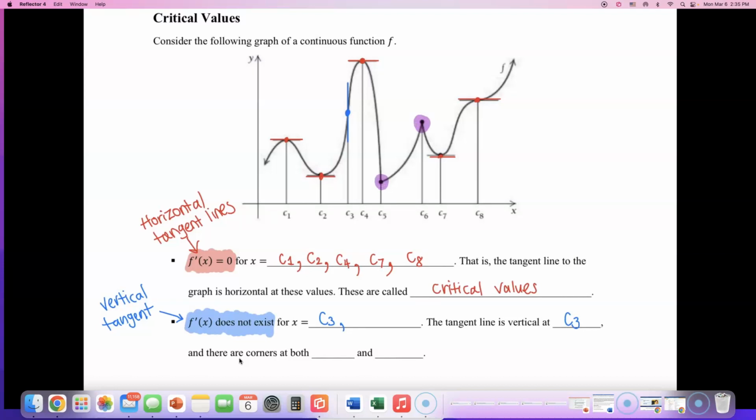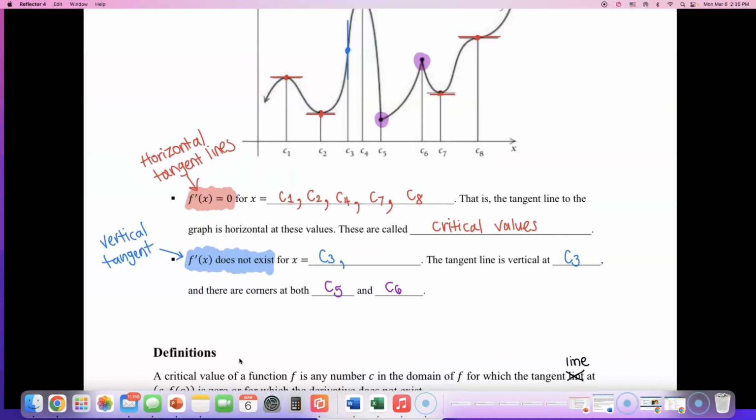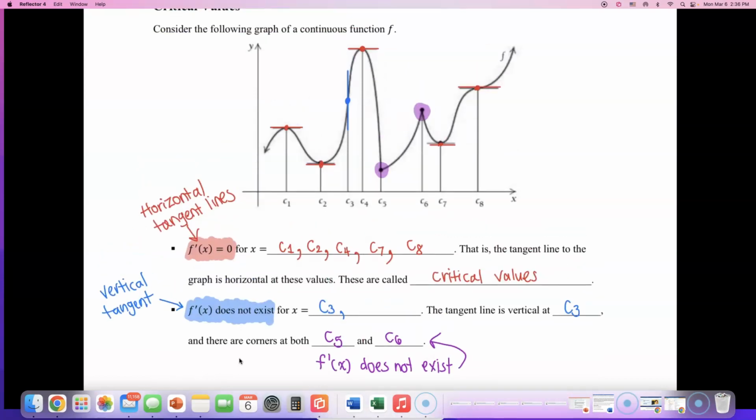So c5 and c6. I'll say f prime of x does not exist. For the purple ones, it doesn't exist because there's not a unique tangent line. For C3, it doesn't exist because a vertical line has undefined slope. These are two different reasons, but these three are the points where f prime of x does not exist.